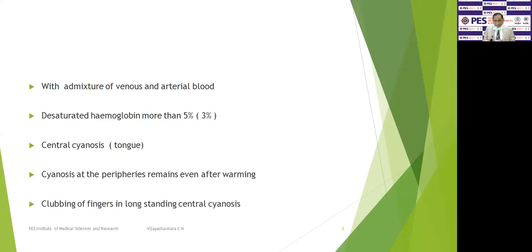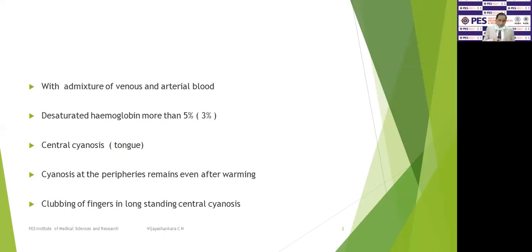In central cyanosis, one of the things you always look for is the tongue. If the tongue is bluish, it may be a central cyanosis. Or you look at the palpebral conjunctiva. If it is congested, it is because of polycythemia.